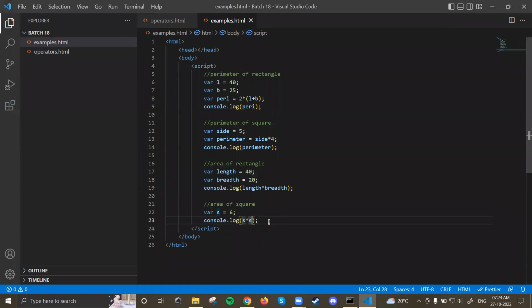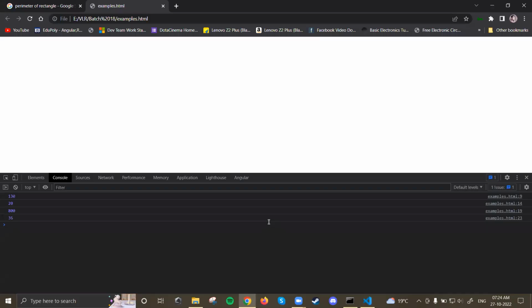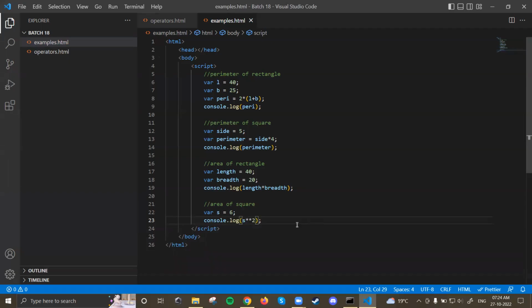So what do we write for that? We write s double star 2, that means s square. If I write 3, that is s cube. If I write 4, that is s to the power 4. So I'll write s star star 2. So we can check this. We got 36 now as well. So this way you can find the area of square.